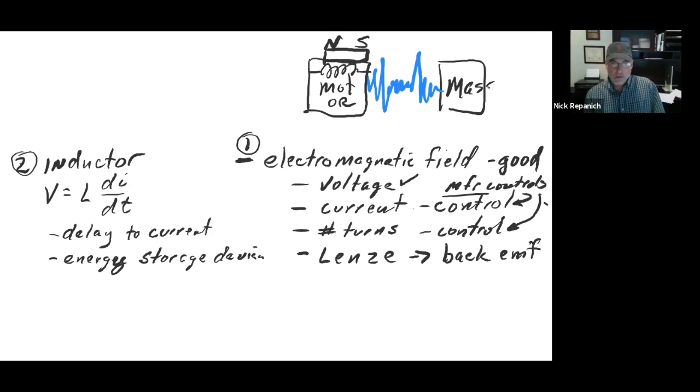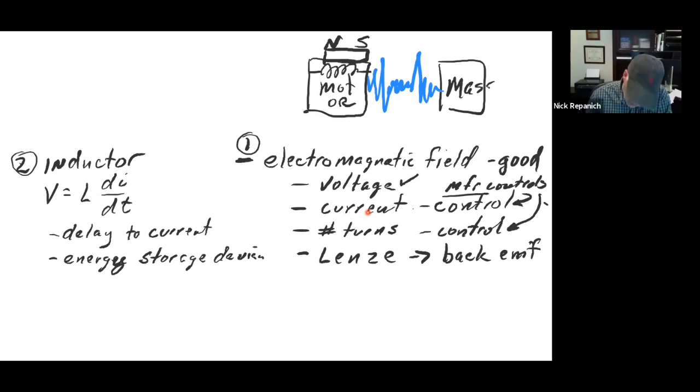Correct? So what that means to us is, as you have a winding in the motor and you want the motor to actually develop current, because current is going to give you torque, it has to do this.